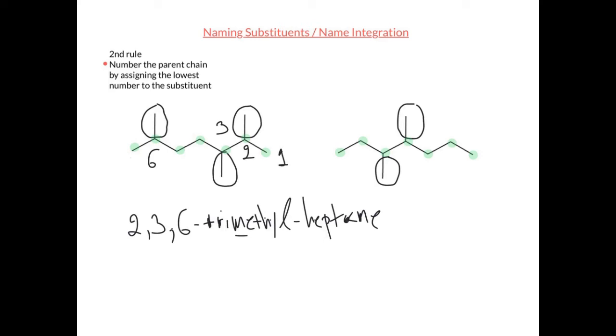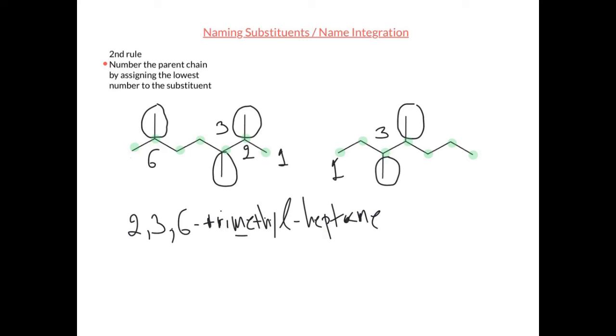While in the structure I have on the right, here I only have two substituents. Again, I'm going to number the parent chain by assigning the lowest number to the substituent. I see that if I start from the left, I'm going to have the substituent at number 3, while if I start from the right, the substituent will be number 4. So this is going to be the correct structure.